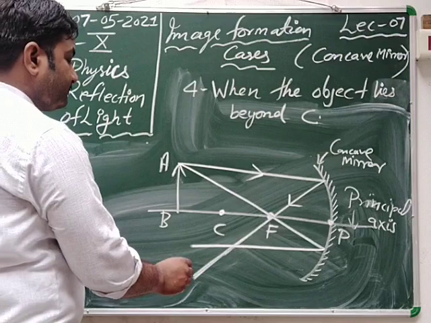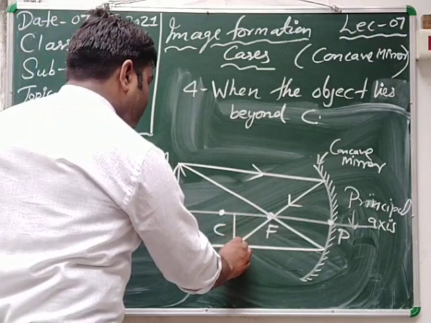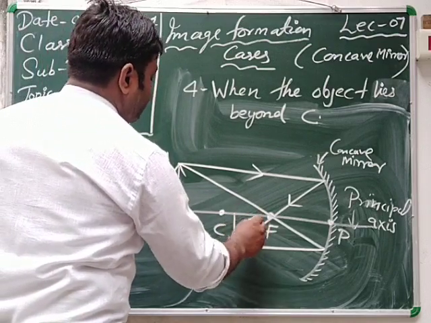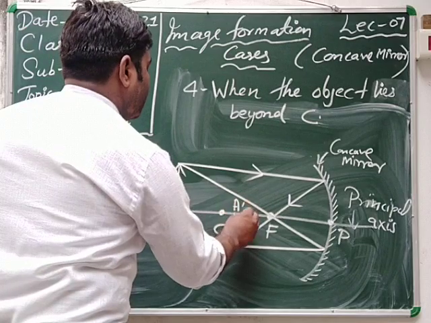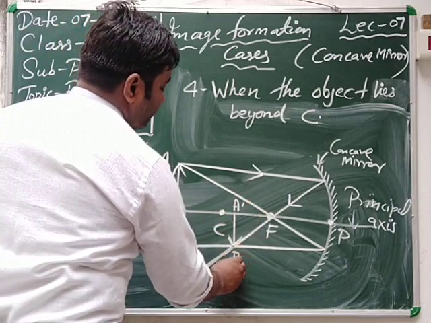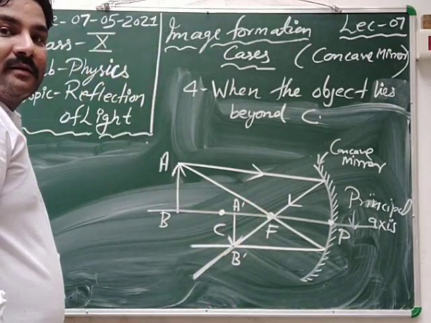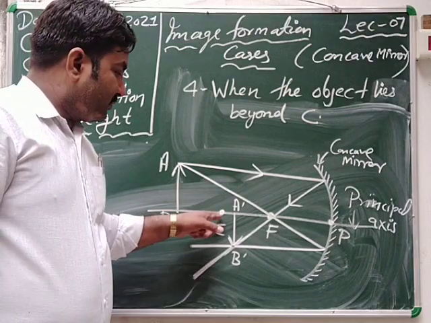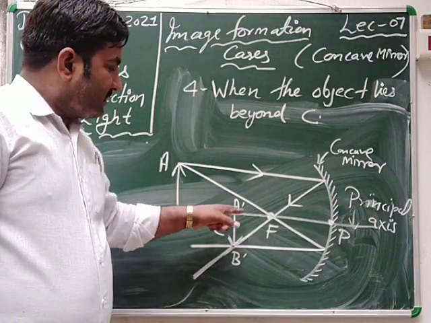Clear? Then the image found in between F and C. Clear? You see, this is the C point and this is the F.